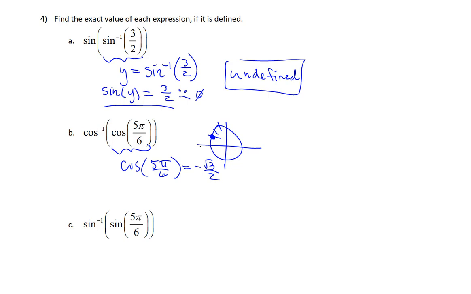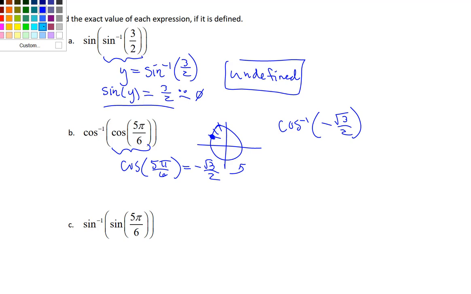Of course, you have to have the unit circle pretty memorized or close by for that. But if that's the case, then what we're really working with here is the cosine inverse of what we just said, which is negative root 3 over 2. That's what that input was.